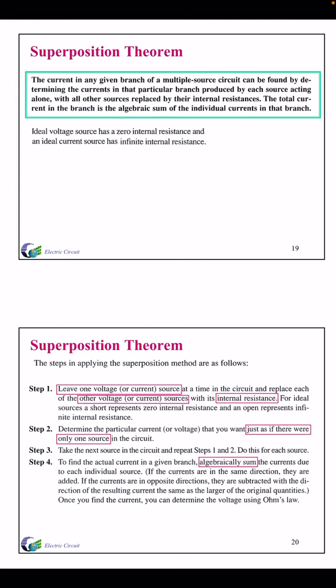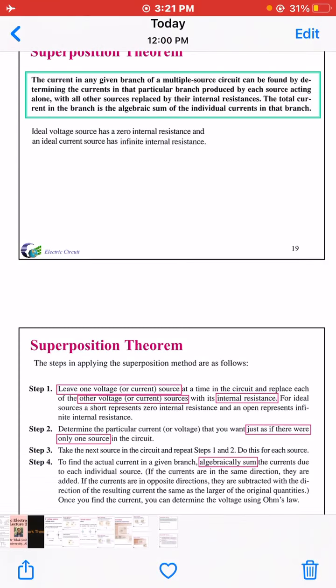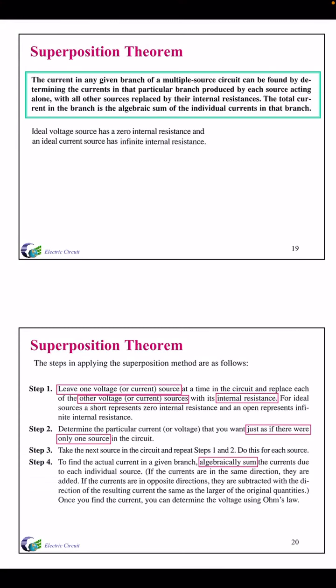Or you can also read from this screen that the current in any given branch of a multiple source circuit, multiple source meaning many independent sources, can be found by determining the currents in that particular branch produced by each source acting alone, with all other sources replaced by their internal resistances. The total current in the branch is the algebraic sum of the individual currents in that branch.